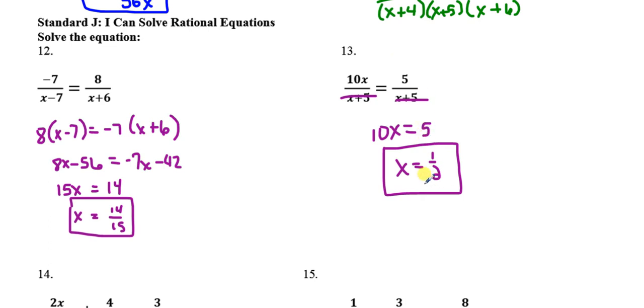And if you plug 1/2 in for x, you get 5.5 on the bottom on both sides. So the tops have to equal. 1/2 times 10 is 5, equals 5.